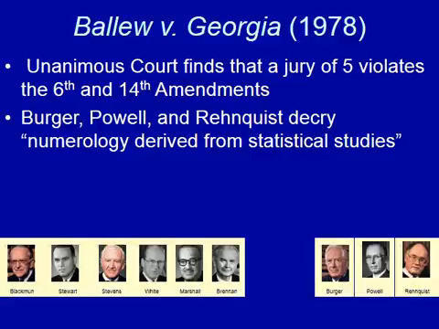And they had some pretty ignorant statements in their concurring opinions, including Powell's numerology statement, sort of disparaging social science and the study of numbers and such. So in this case, Blackmun wrote the opinion, probably the closest thing you could get to a science guy on the Supreme Court. He also wrote the Daubert decision and the Roe v. Wade decision, you'll remember.